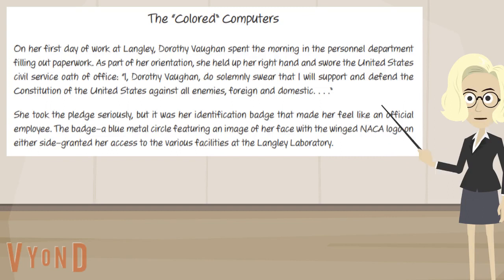She took the pledge seriously, but it was her identification badge that made her feel like an official employee. The badge, a blue metal circle featuring an image of her face with the winged NACA logo on either side, granted her access to the various facilities at the Langley Laboratory.